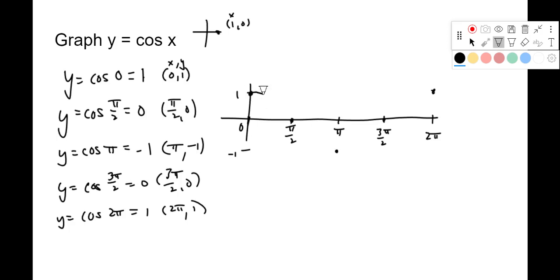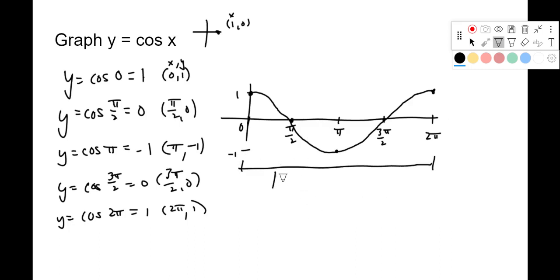And if we connect all these, again, you can see you get a curve. Looks kind of like that. Okay, what happens after this? It starts all over. So from 0 to 2 pi, that's one cycle or one period of that graph.